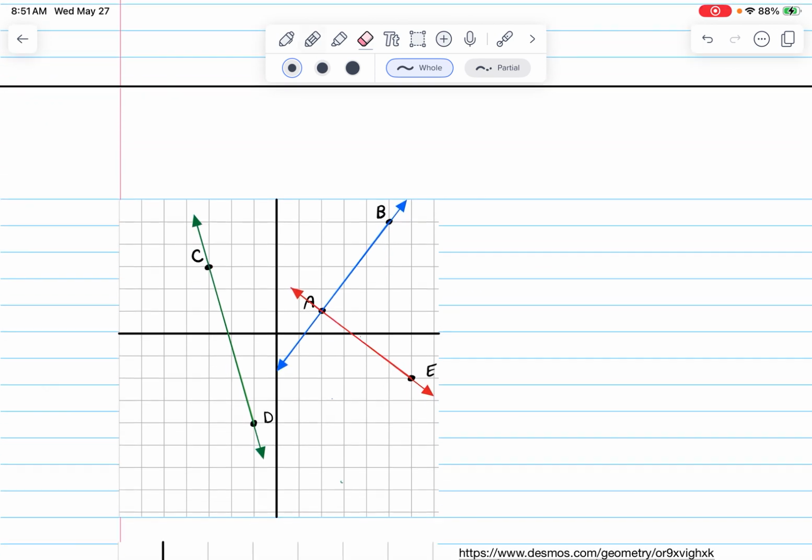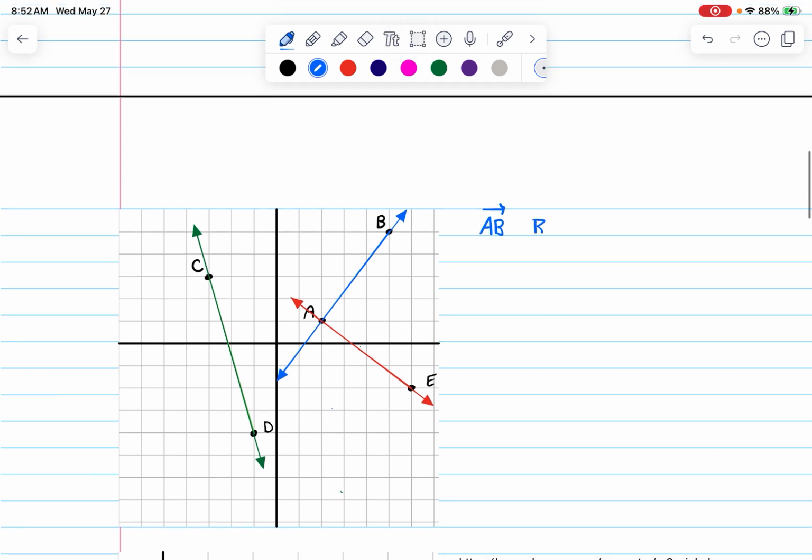But here, this first one, you have a line AB. So it'd be A, B, and you put a little double arrow above it. And here order doesn't matter because we could write this as BA if we wanted to. You just put a double arrow little line above each one.